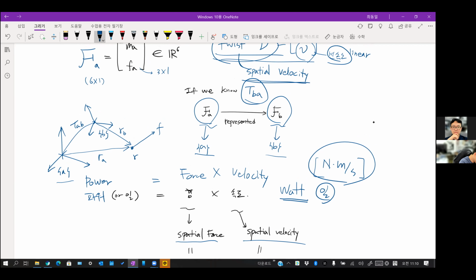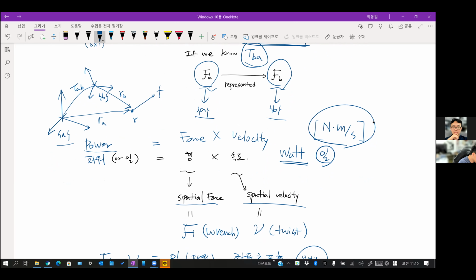So there is a force F at point R. This force is one force, but when we express it in the A frame and in the B frame, the actual value becomes different because the base frame is different.